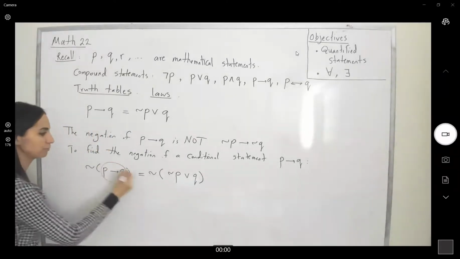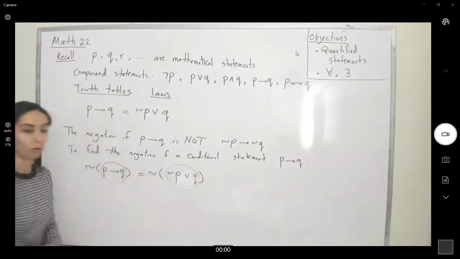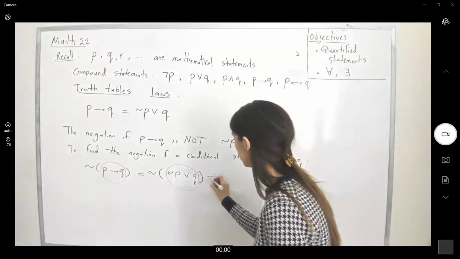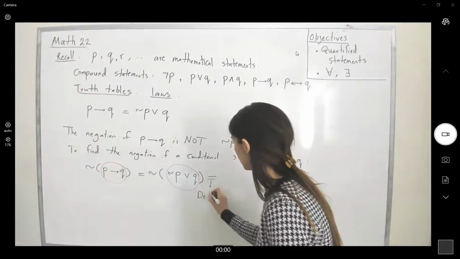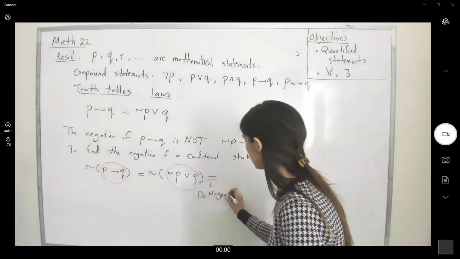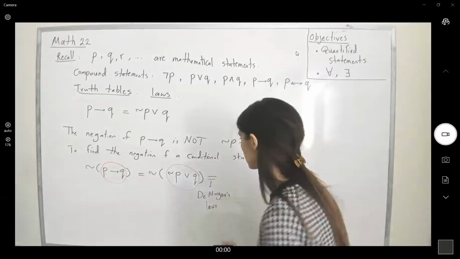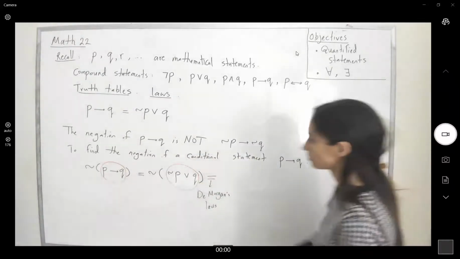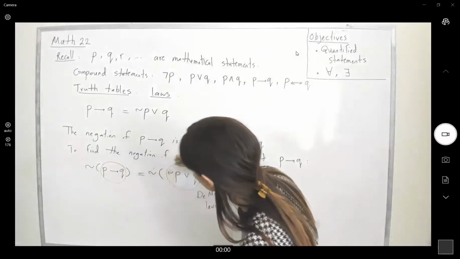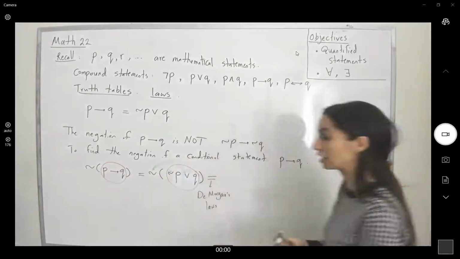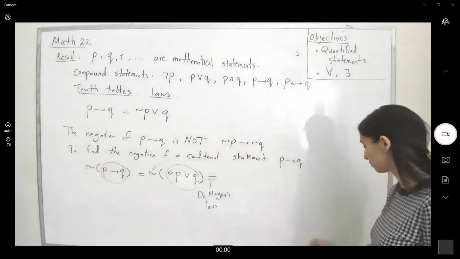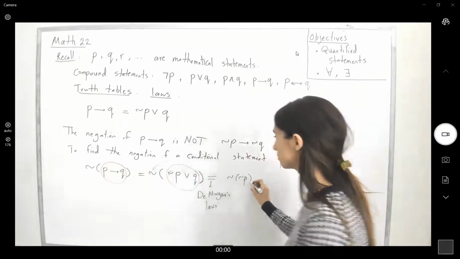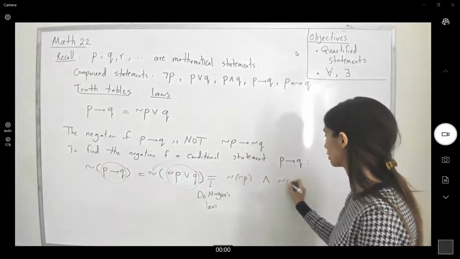Then we use De Morgan's law to distribute the negation over the parentheses. So here we have the negation of not P, the negation of or, and the negation of Q. What do we get? We get not not P, and not Q.